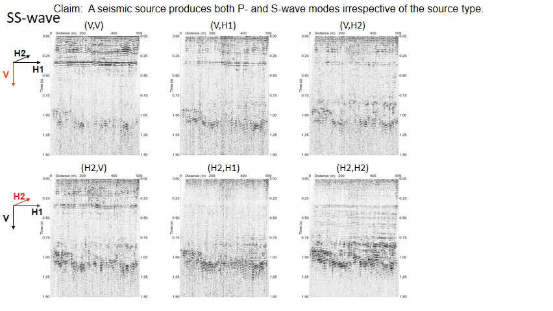In this slide, we show an example of a 6-component, 500-meter-long section using the microvibe. The top 3 sections are the 3-component sections processed from the data acquired with the source shaking vertically, and the lower 3 plots are the processed sections using the source in horizontal transverse mode H2.